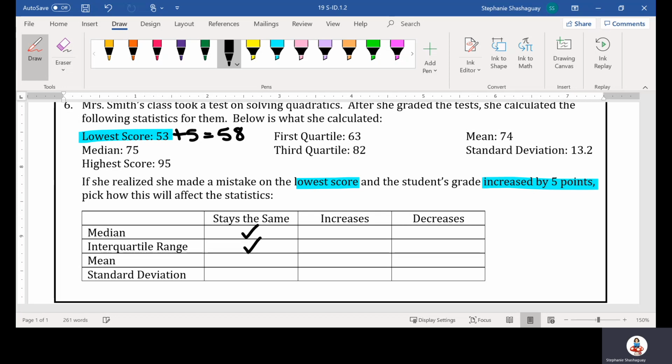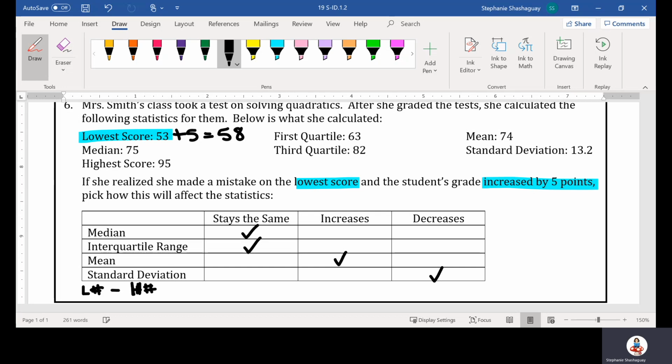It's not affecting any of the middle data. The mean is going to increase because our lowest score increased, and our standard deviation will decrease. Standard deviation is related to the difference between your lowest number and your highest number. So that's going to decrease and your mean is going to increase.